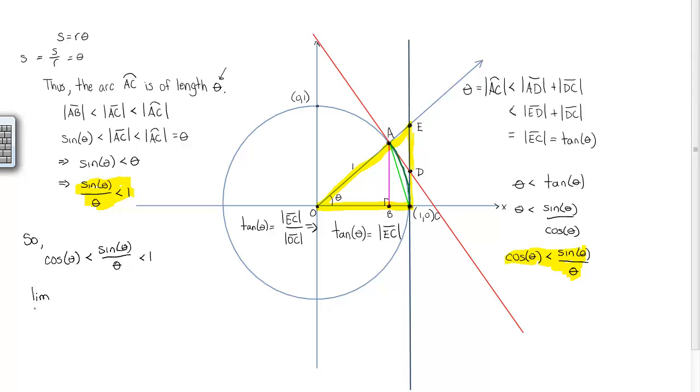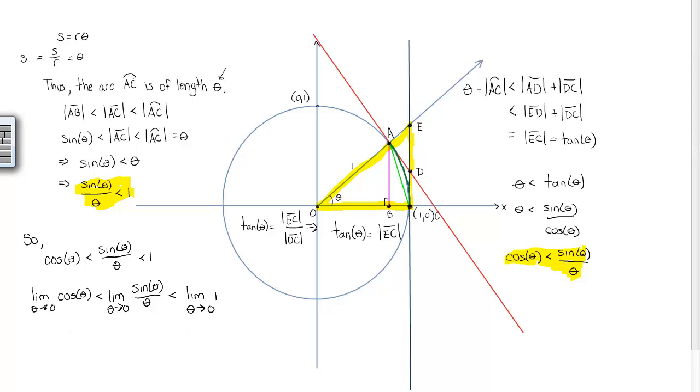The limit as theta goes to 0, remember the squeeze theorem, of cosine of theta, should therefore be less than the limit as theta goes to 0 of sine theta over theta, which should be less than the limit as theta goes to 0 of 1.